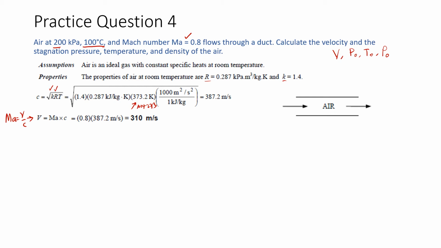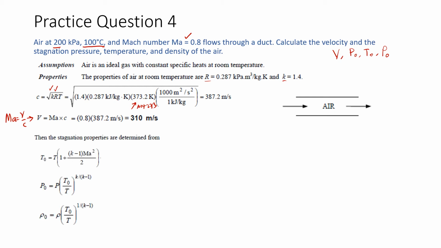Okay, next for the stagnation properties, we have these three equations. This is from the earlier part of last week. Stagnation properties, you can rewatch the video if you need to. So these are the equations that we can use.